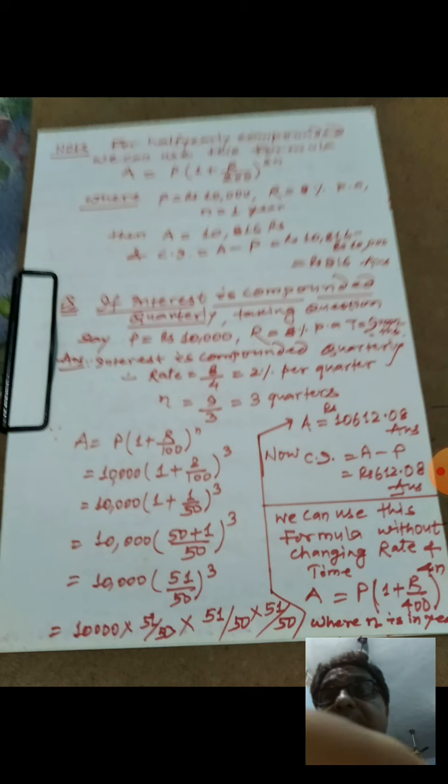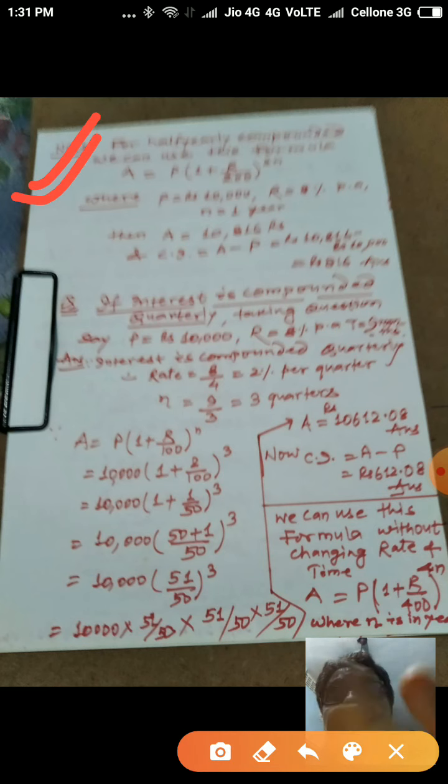Here one alternate method is given, that without changing rate and time, you can calculate the amount and compound interest for the same condition when interest is compounded half yearly. How? Just using a slight change in the formula.